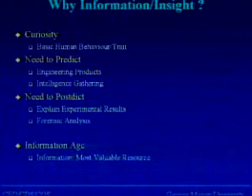So why do we want information, and why do we want insight? Well, we are curious. That's one of our human traits that sets us apart from animals. But there's a very distinct need to predict, particularly in engineering products, and also in intelligence gathering. As you can guess, being from DC, intelligence is a big area. And there's also a need to post-dict.